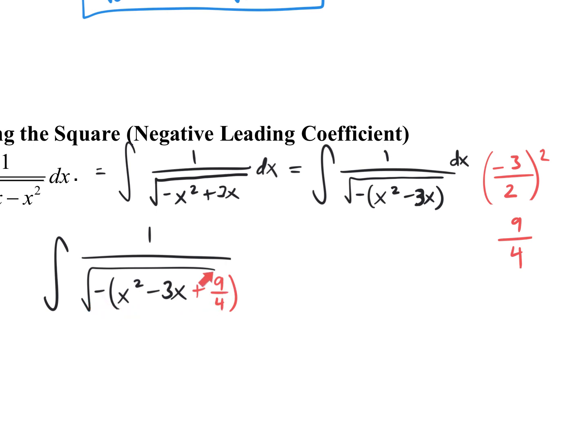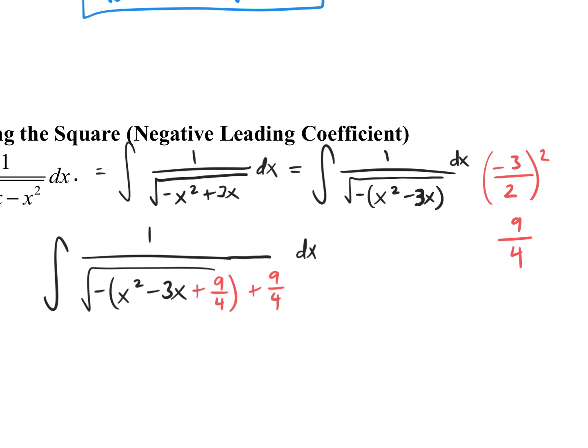Technically, this is in the parentheses here, right? So is this a positive 9/4 or a negative 9/4? It's technically negative, right? Because there's a minus sign in front. So instead of subtracting a 9/4, I'm actually going to add a 9/4 so that I don't change the actual value of that fraction. I forgot my dx.